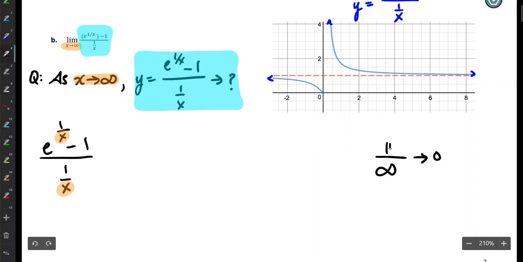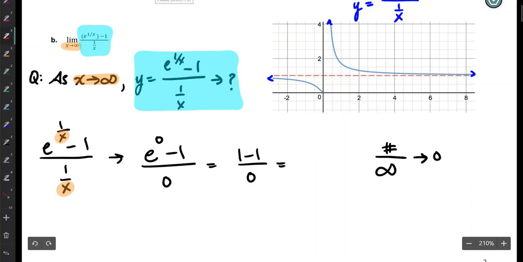In fact, any number over huge is on its way to 0. So e to the 0 minus 1 over 0, a lot like the one that we had before, 1 minus 1 over 0. We have an indeterminate form of 0 over 0.